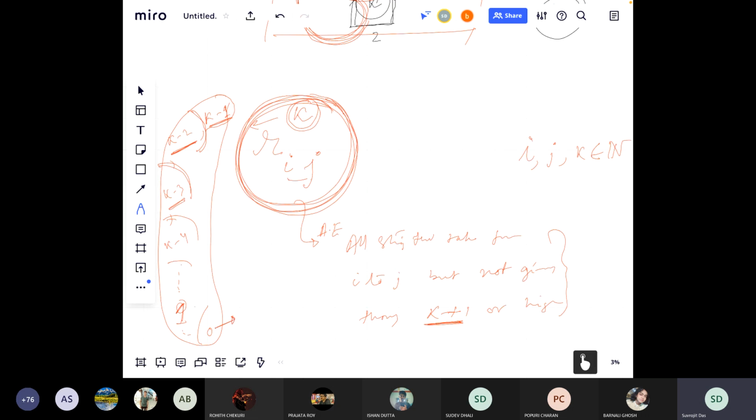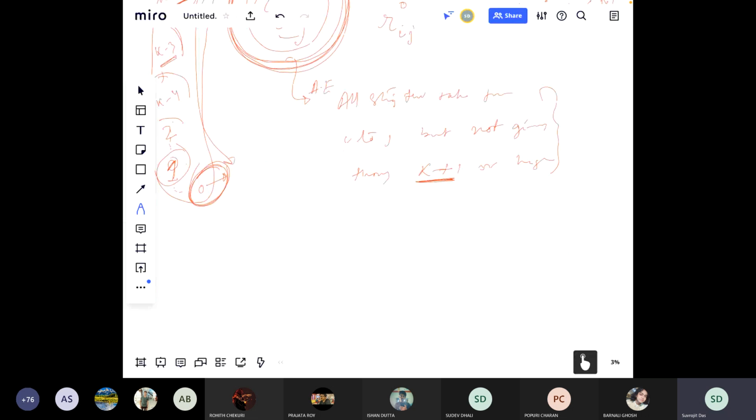Or talking in another way, it's easy to visualize and define the 0th term, that is Rij0, and then based on the value of this, define 1, then define 2, then define K minus n, and then define K minus 1, and then define K, with the confidence that if I say that I have an expression for Rijk, that means I have taken care of all such below me. Got it?